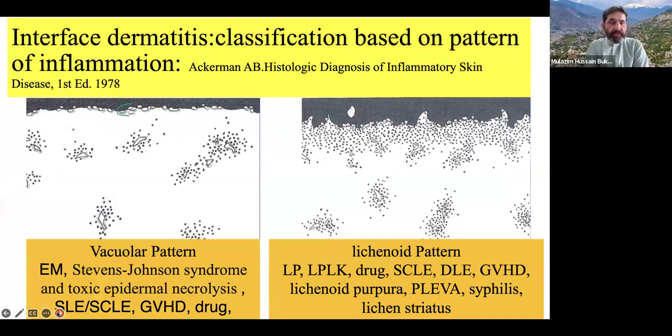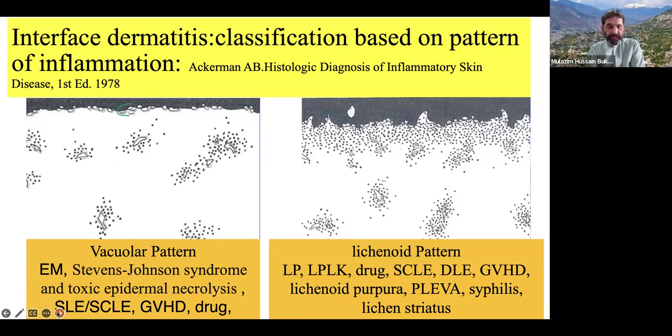What are the vacuolar patterns? We started our lecture from this picture and we are ending our lecture at this picture. What are the different variants of the vacuolar pattern and of the lichenoid pattern? I am going to solve the problem of all histopathologists by giving one table.